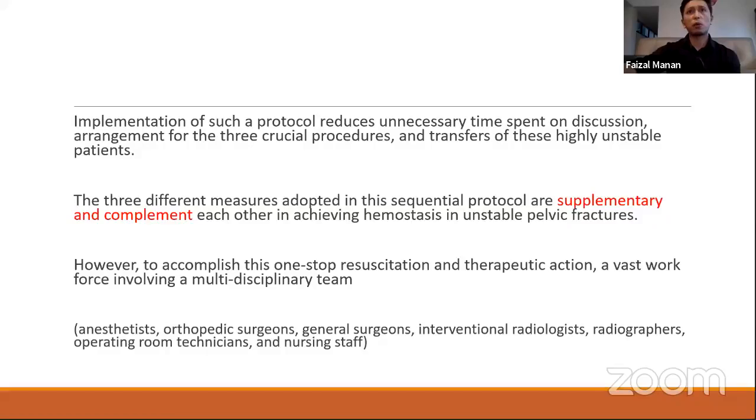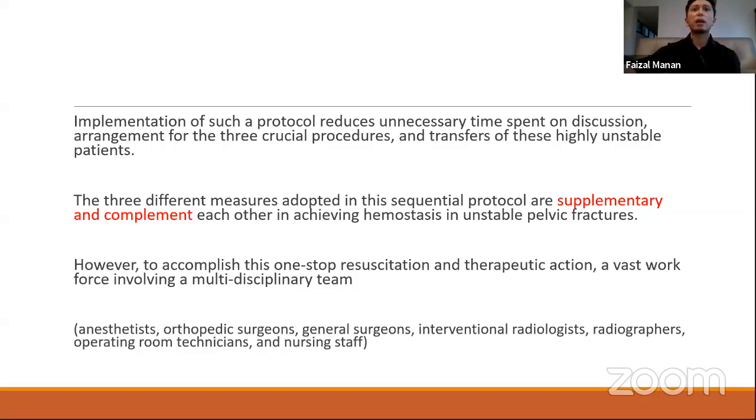Implementing such a protocol reduces unnecessary time spent on discussion, arranging for the 3 crucial procedures, and transfer of these highly unstable patients. In Sungai Buloh, you have a trauma OT down there, established by Dr. Shah Jahan. It's a very good concept to have. With that, you can save a lot of patients' lives, and you can save a lot of time, especially when patients need to be pushed directly from the resuscitation bay to the OT.